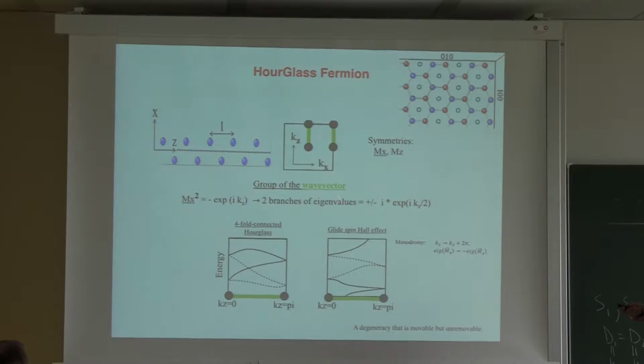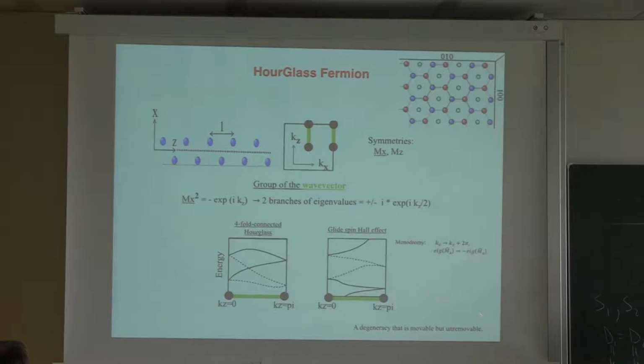The moral of the story here is that if I now have this symmetry group but also time reversal, you can see that time reversal does very different things at kz equals 0 and kz equals pi. So I'm looking at the behavior of bands along either this line or this line. At kz equals 0, the eigenvalues of mx are imaginary, so this is minus i, this is plus i.